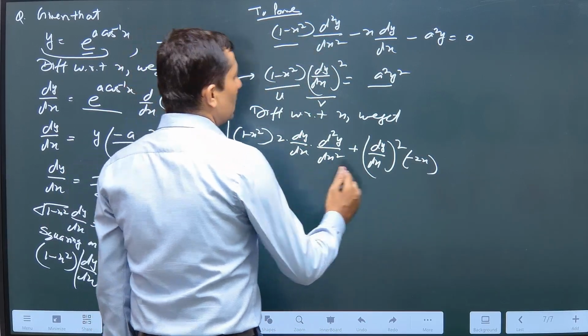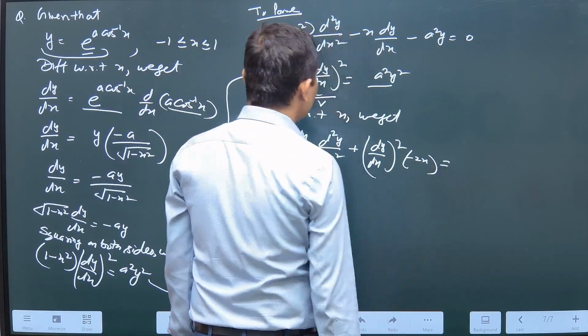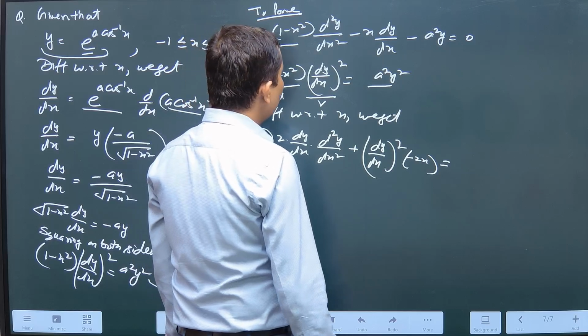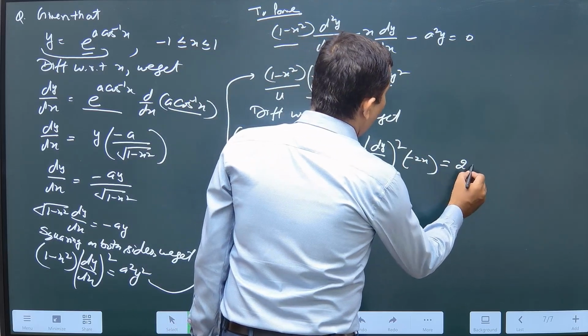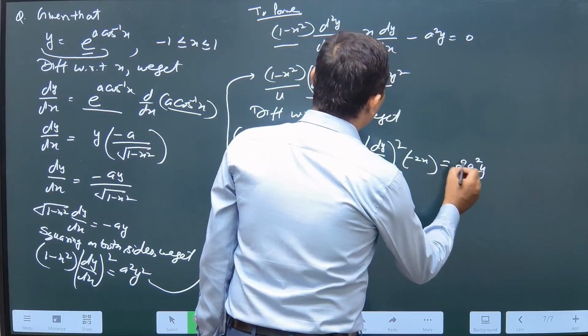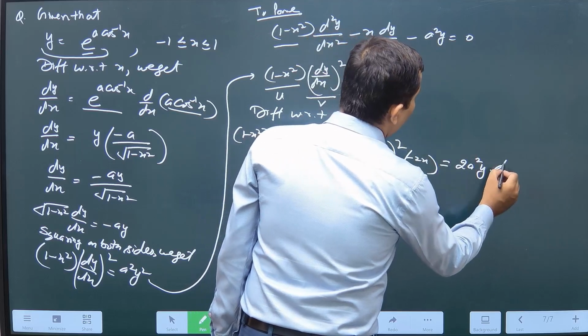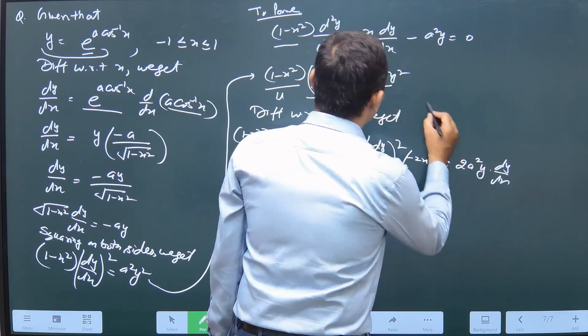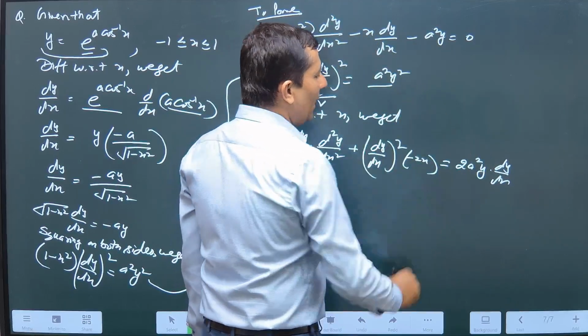Product rule is used, and this result is equal to a square into 2y into derivative of y, dy upon dx. First power derivative, then y derivative.